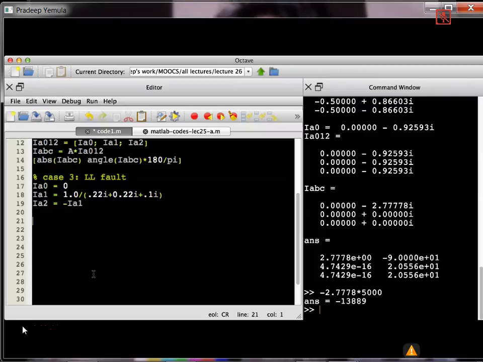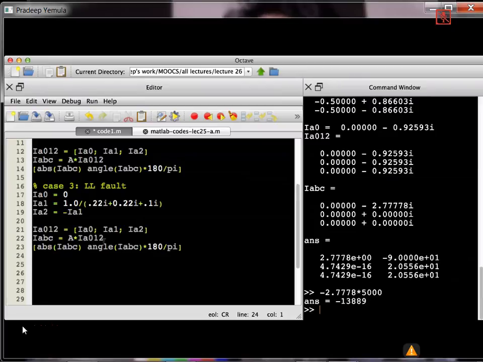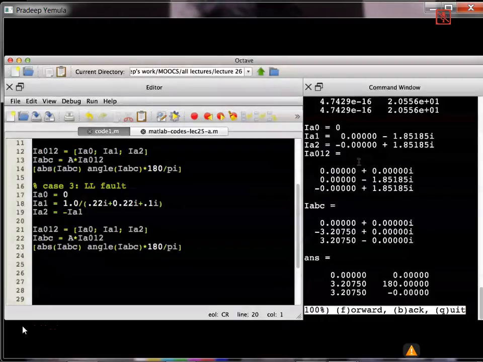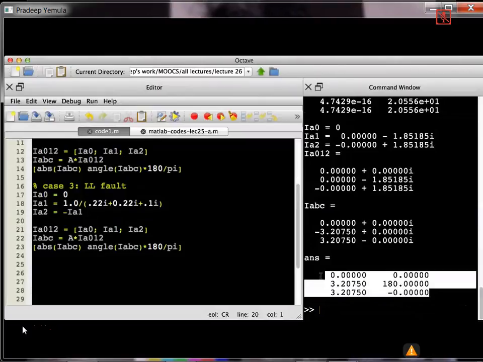Then the rest of the procedure is the same. I just copy and paste these three codes. IA0, IA1, IA2 I am combining into this matrix, then I multiply with the A matrix to get the ABC currents. So let me run this code. Finally this is the solution I am getting. These are the IABC currents.